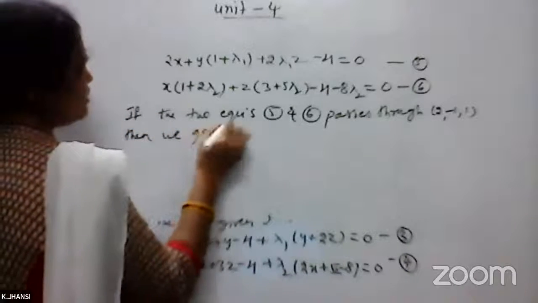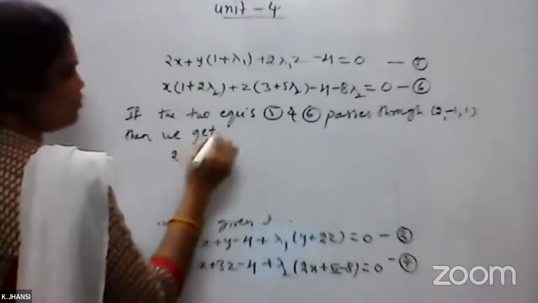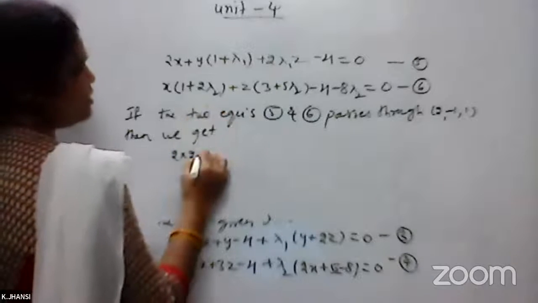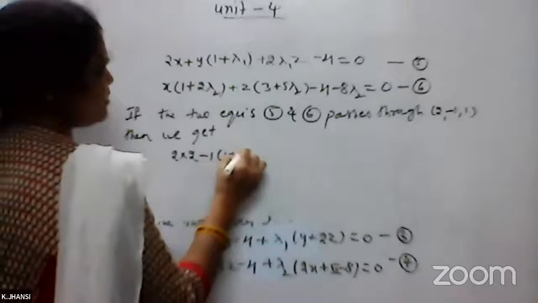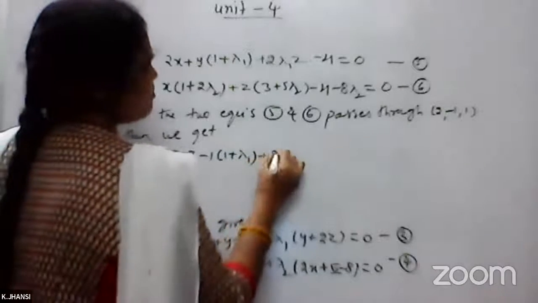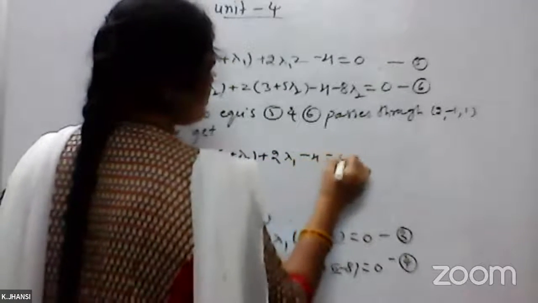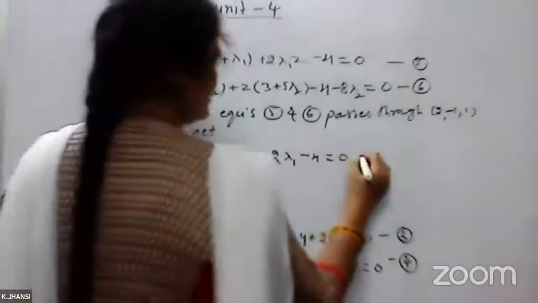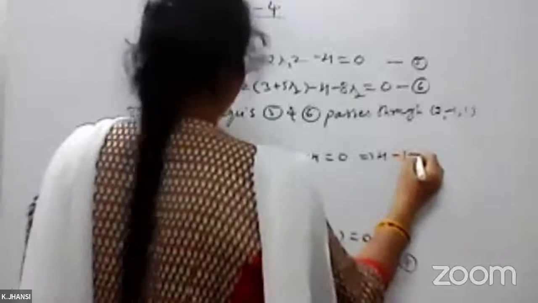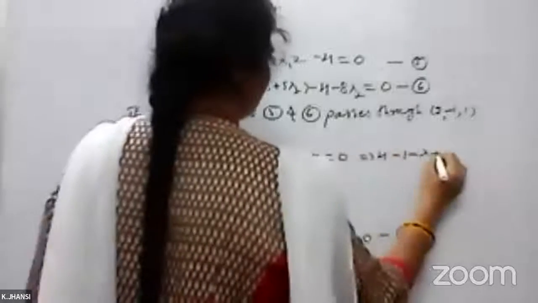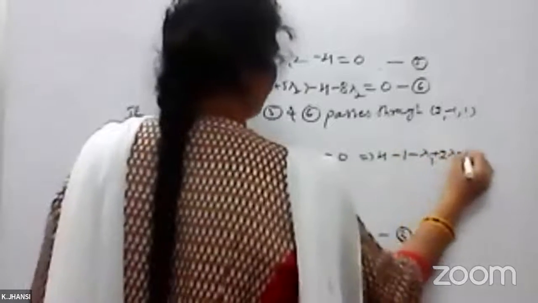Then we get, so now substitute here, that is 2 into 2, and here minus 1 into 1 plus lambda 1, plus 2 into what is the z value? Z value is 1, minus 4 equals 0. To simplify this one: 4 minus 1 minus lambda 1 plus 2 lambda 1 minus 4.